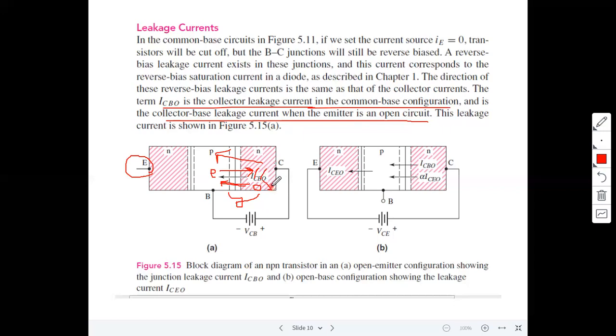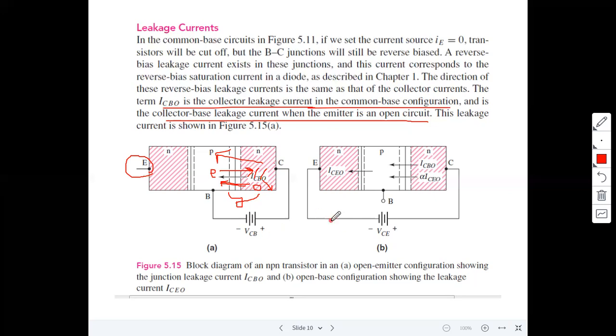Which one is open? Emitter is open. So ICBO is the leakage current flowing when the collector base junction is reverse biased with the emitter terminal open circuit.